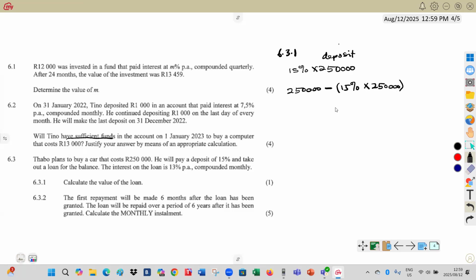This is the value of the loan. Or alternatively, you just say 100% minus 15%, which is 85%. So it means the value of the loan can be written as 85%.